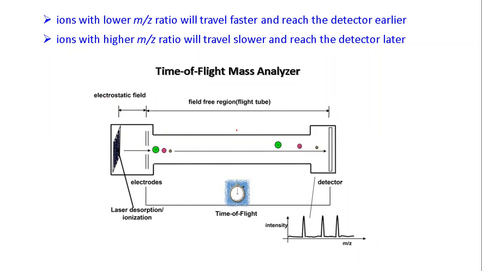If you combine MALDI with TOF, you can have better resolution for almost all of the ions, and you can analyze compounds of bigger molecular weight. So that is the instrumentation part. Let us move to the practical way.